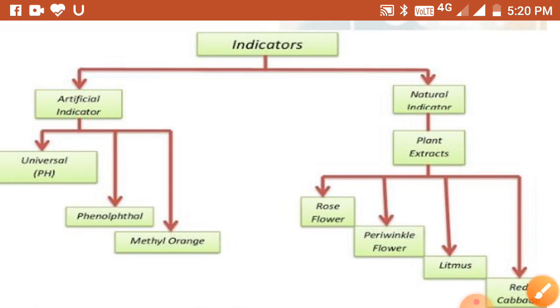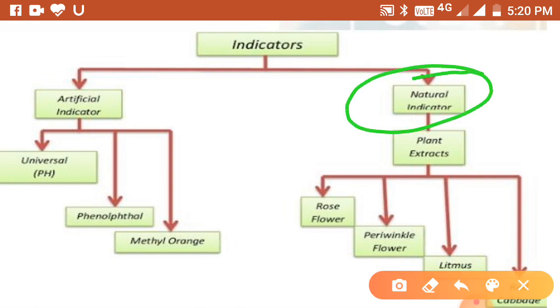Now on the other hand, there is the natural indicator. A natural indicator is a natural substance that can be used to determine the pH of another substance. These indicators are extracted from plants, fruits and vegetables like red cabbage and grapes.